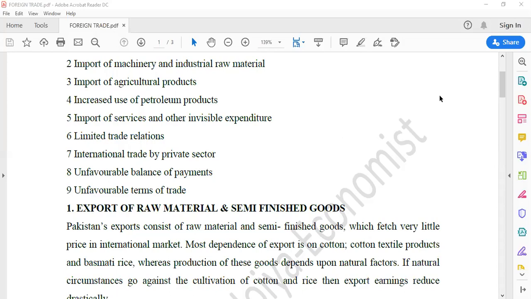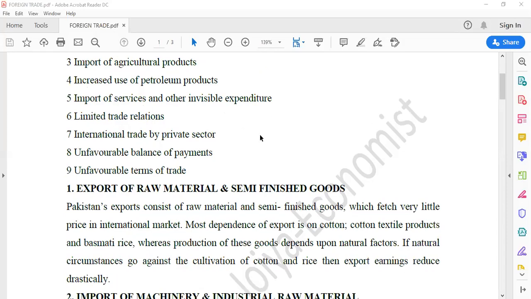Just for your information, 32% of the total import bill is based upon only oil. If we import products worth 100 million, 32 million is the bill of oil products only, which is very expensive actually.